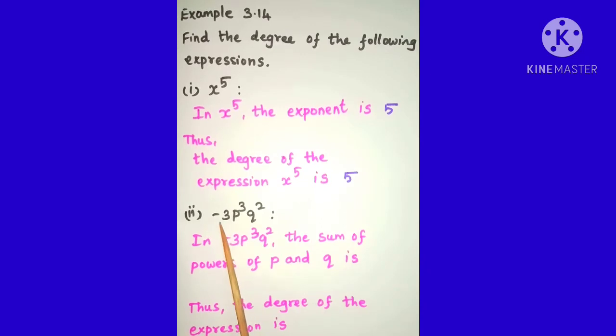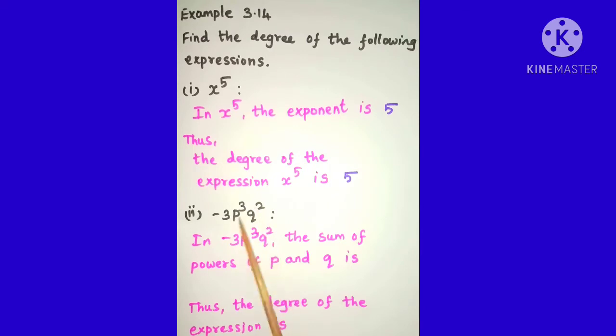And come to the next problem. Minus 3 p cube into q square. Here also only one term is there. And also here 2 variables are there and only one constant. We know that the degree of the constant term is 0. So, you have to look at these 2 variables and the exponents of these 2 variables. Here, in minus 3 p cube q square, what is the power of p and q?